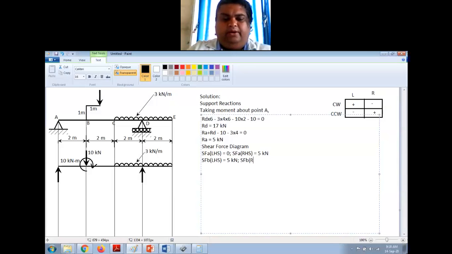SFB RHS is equal to, now I have 5 kilonewton here, right? At this point I have 5 kilonewton. There is a 10 kilonewton force which is acting downwards. So 5 minus 10, and that is equal to minus 5 kilonewton, right?